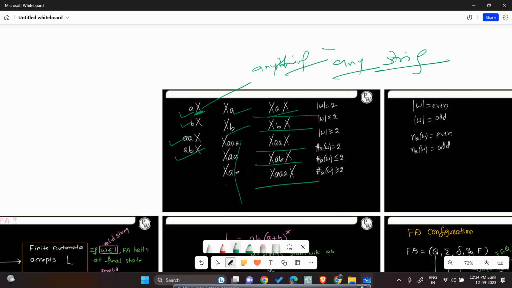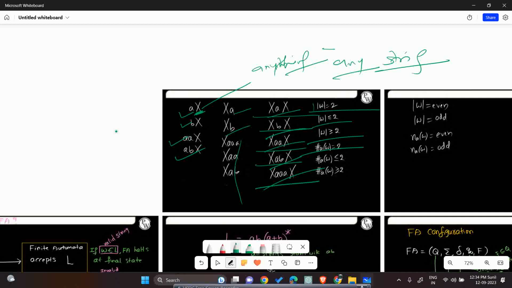A string contains A, contains B, contains double A, contains AB, triple A. So length of W string is less than or equal to 2. These are all functions.